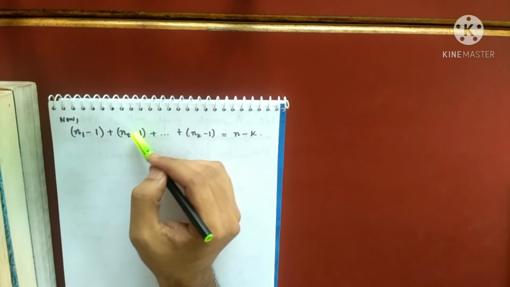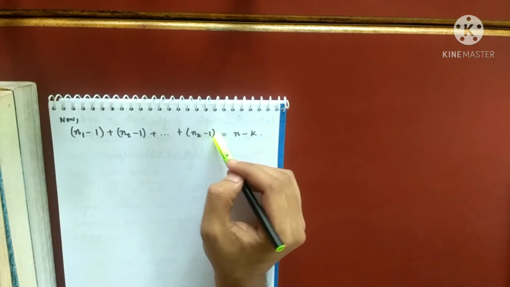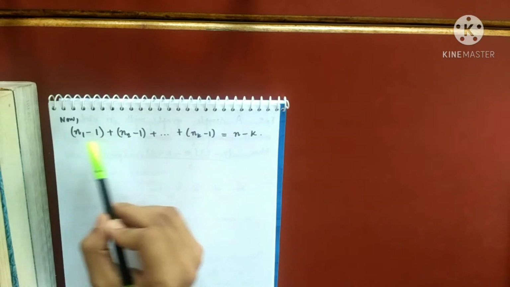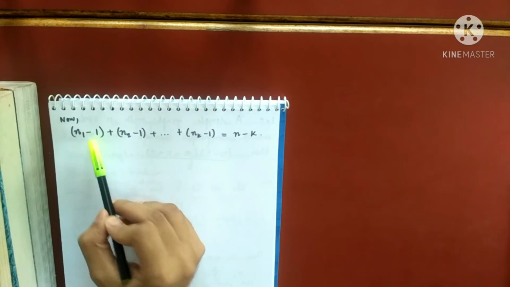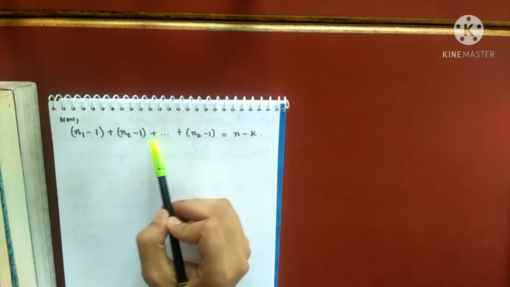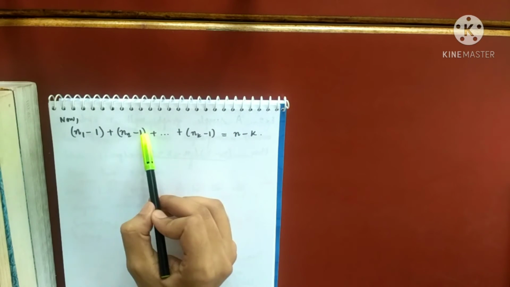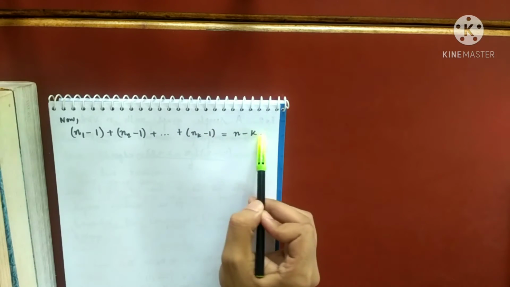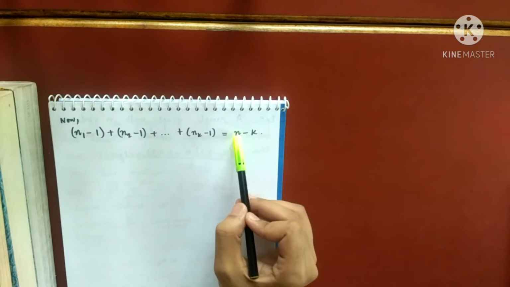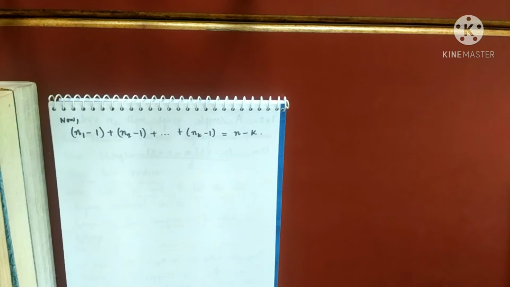Why? Very obvious. I am taking all the ni's together, so n1 plus n2 plus n3 plus n4 dot dot dot nk is nothing but n, and minus 1 minus 1 minus 1 k times is minus k. So this quantity is nothing but this quantity.